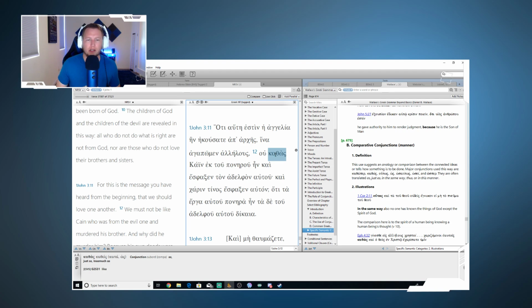So take the conjunction out of it. Cain was from the evil one and slayed, murdered his brother.